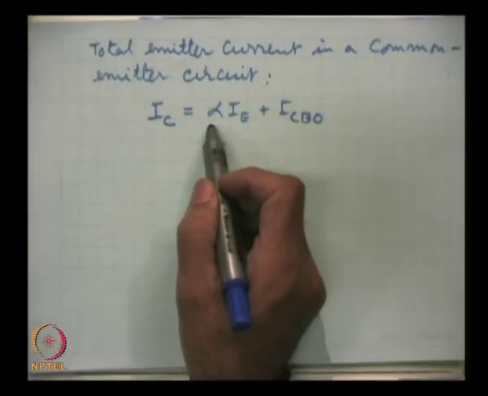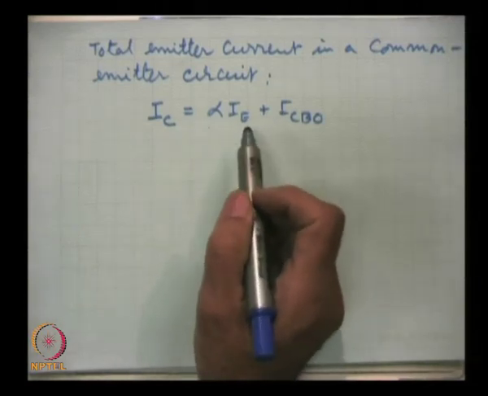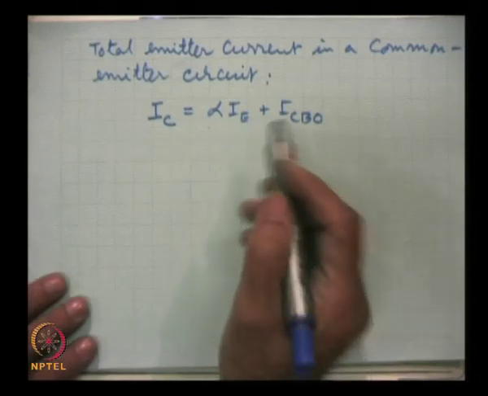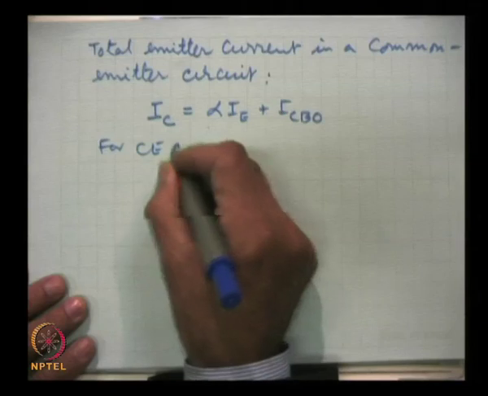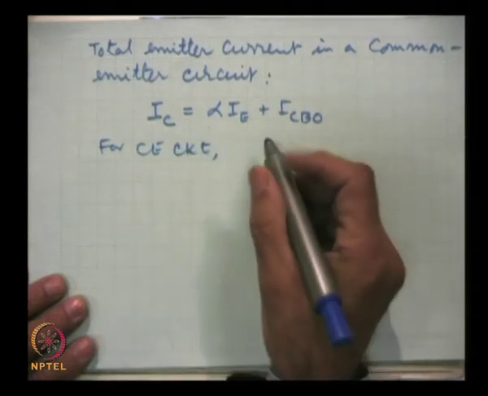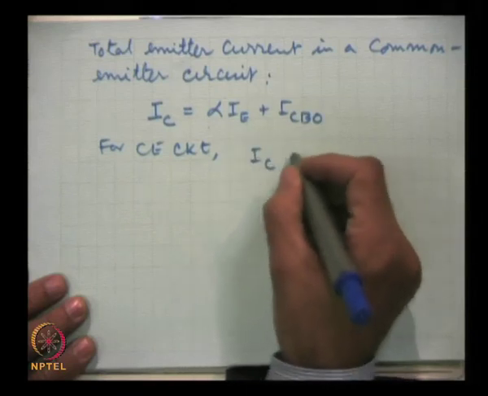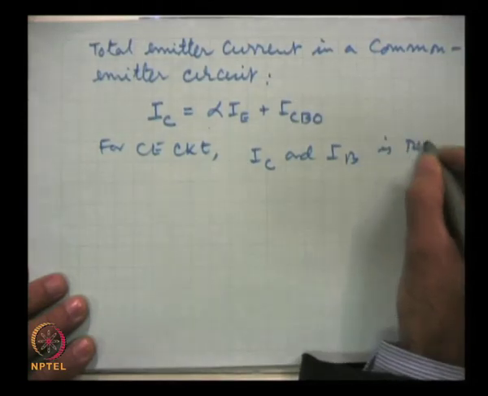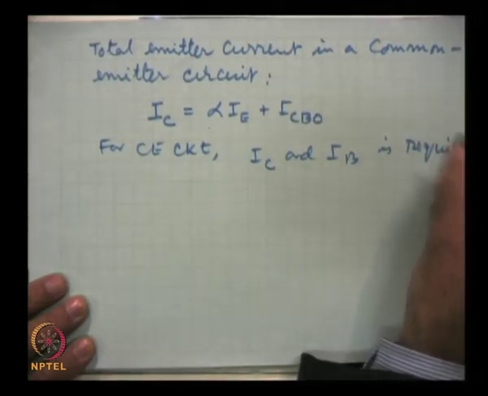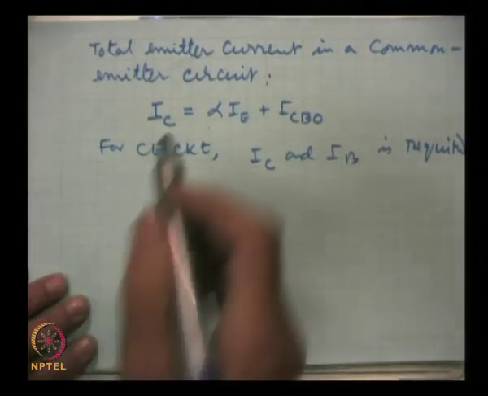But anyway, we talked that alpha is the current gain. Now we need a relationship between IC and IB for the CE circuit. This we can have from this equation.